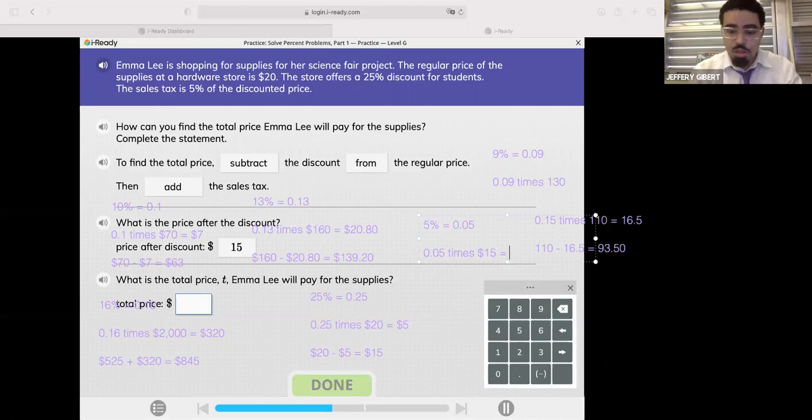All right. So if your tax is 75 cents, are you adding 75 cents to the $15 or are you subtracting 75 cents from the $15? Adding. All right. Why are you adding?